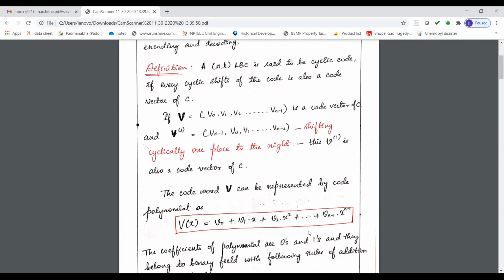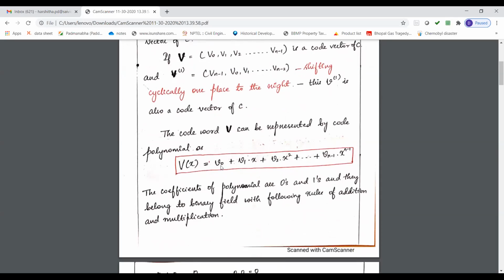This code vector can be represented in the form of a polynomial as v of x equals v0 plus v1 x to the power of 1 plus v2 x to the power of 2 plus v3 x to the power of 3 and so on till vn minus 1 x to the power of n minus 1.